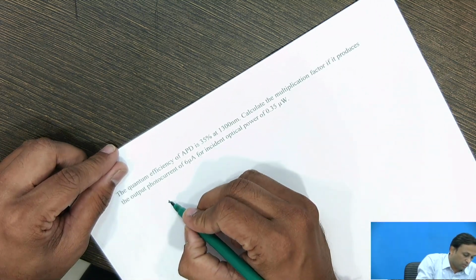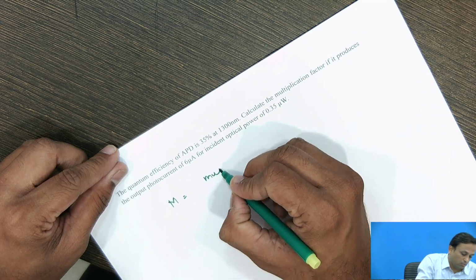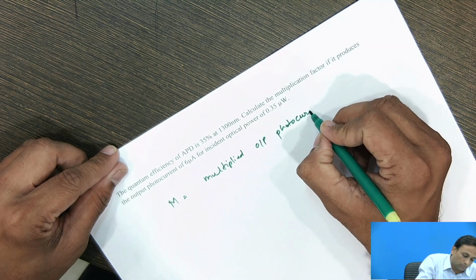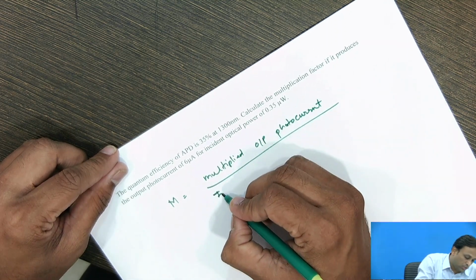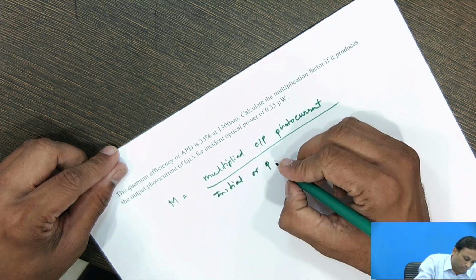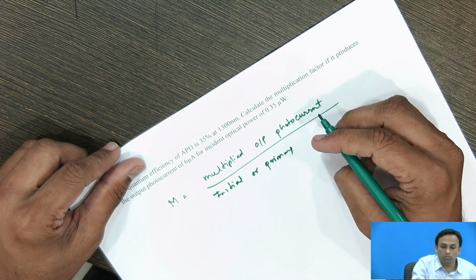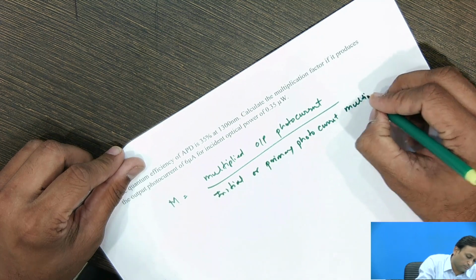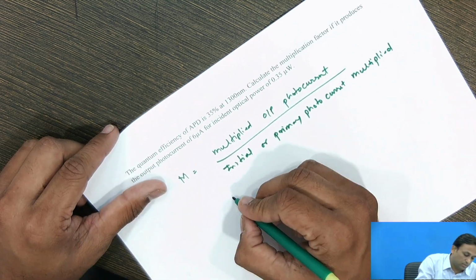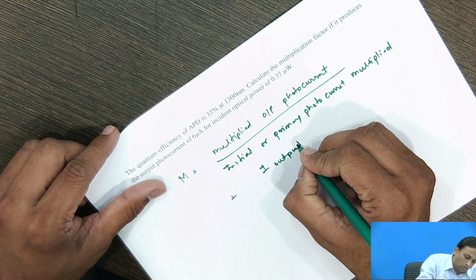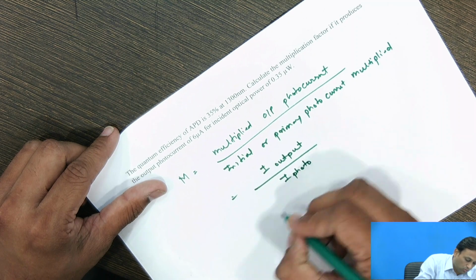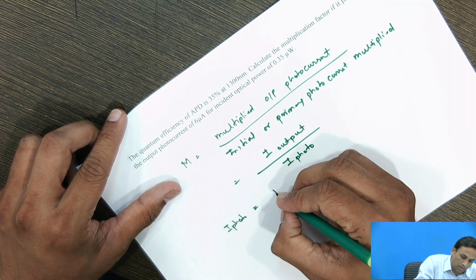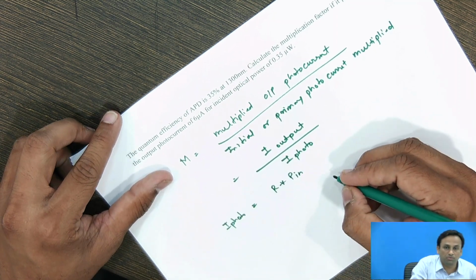The multiplication factor M is calculated as the output photocurrent upon the initial or primary photocurrent, that is I output upon I photon, where I photon is R into P in, as we have seen in the previous video.